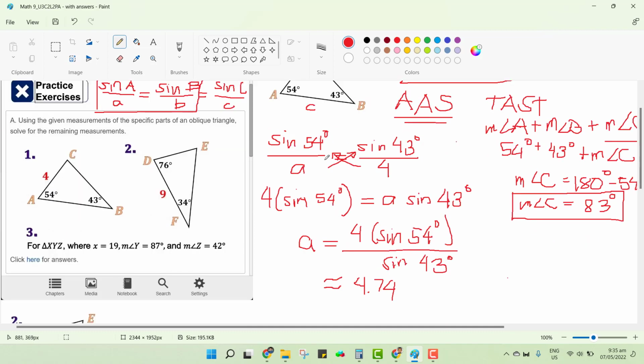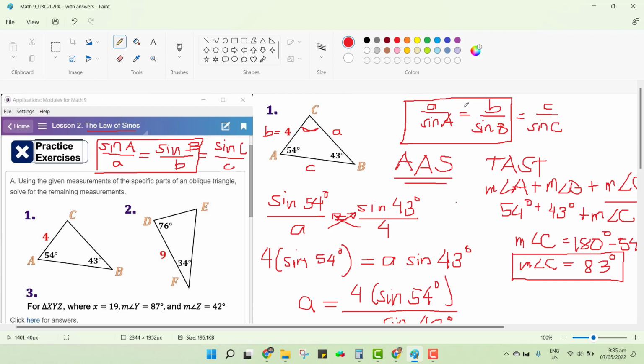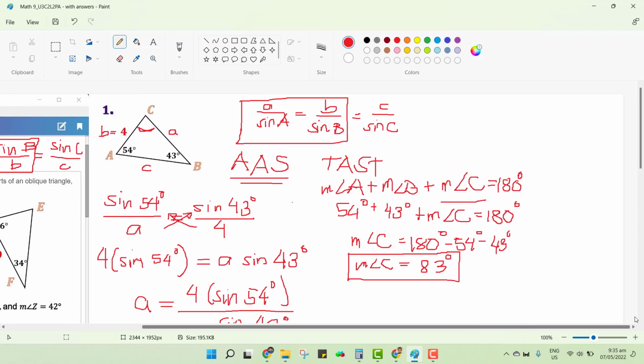Notice that it happens like this. Now, if you're going to use this expression, it's actually easier to look at. Let me show it like this. So you're looking for A all over sine value of A, which is angle A, which is 54 degrees, is equal to B, which measures 4 all over sine 43 degrees. You could just apply immediately the fundamental law of proportion, or just multiply both sides by sine 54.